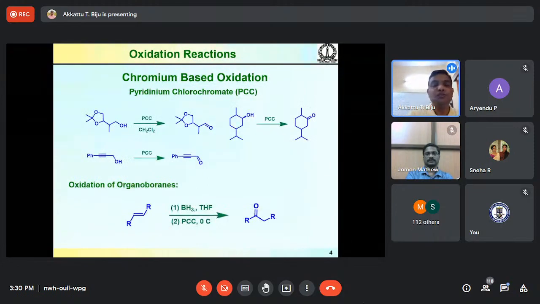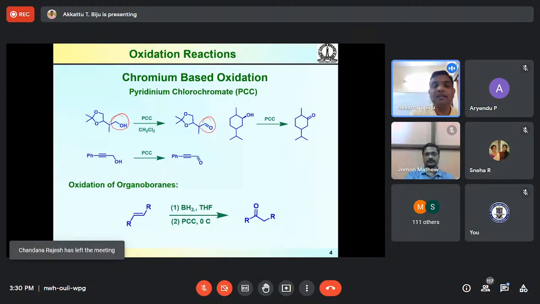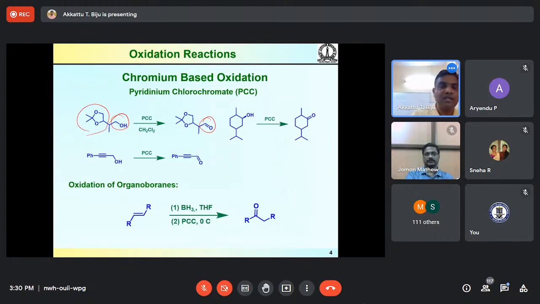PCC can be used for the oxidation of this primary alcohol to this aldehyde. An acetal moiety will be unaffected, because normally under acidic condition, the acetal moiety will be cleaved. So all sorts of primary and secondary alcohols we can convert into the carbonyl compound using the chromium-based oxidizing agent PCC.